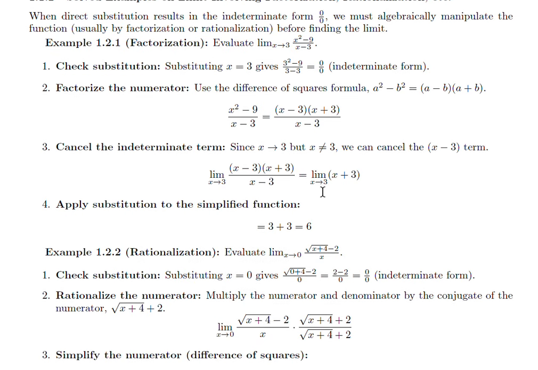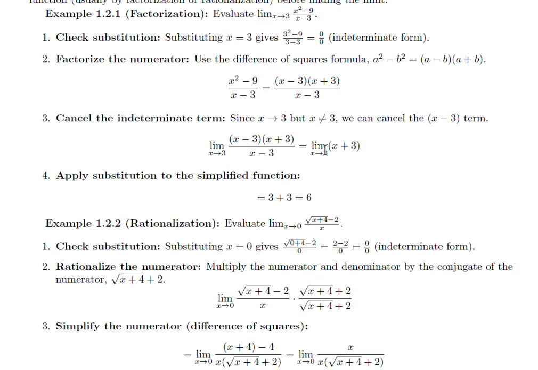Now we'll apply direct substitution again. By direct substitution to our new function, now we'll just plug in 3 for the place where we have x. Whenever we apply direct substitution, you should have noticed that the limit usually disappears, because at that point we are evaluating the limit already.